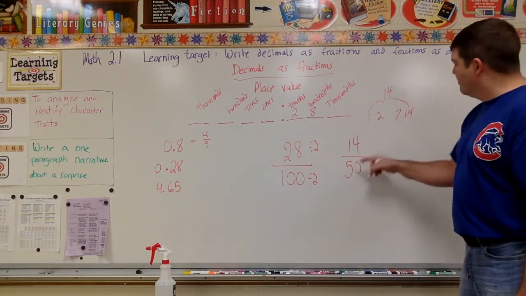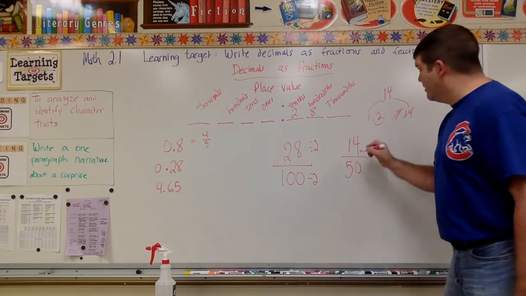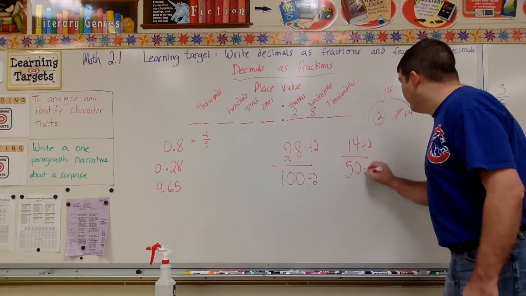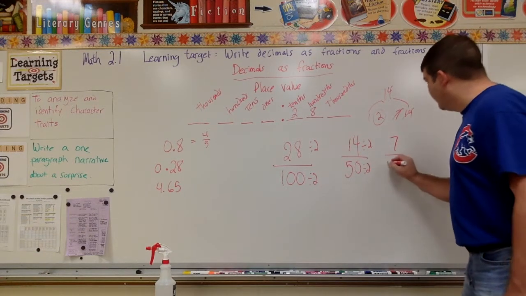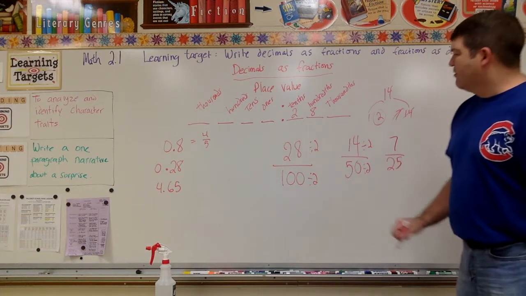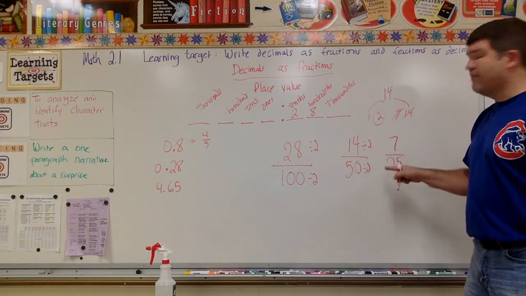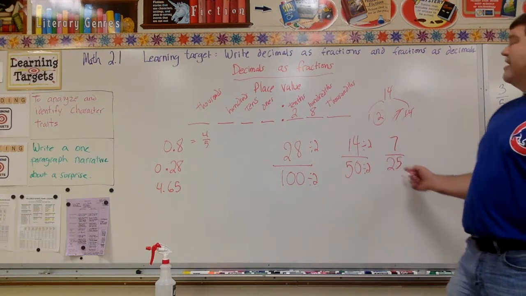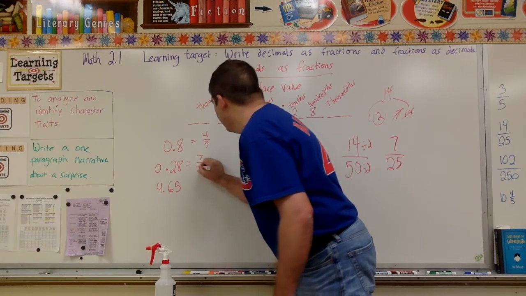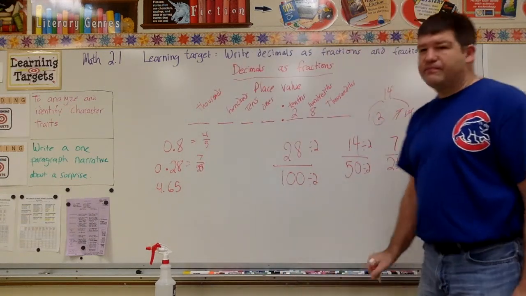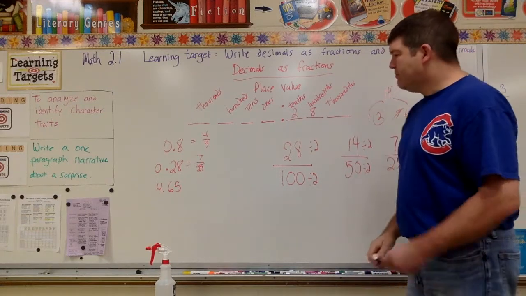So now 14 doesn't go into 50, 7 doesn't go into 50, 2 does. So I can only cut it in half one more time, because this is going to get me 7, and that's a prime number, and this is 25. So 28 hundredths is the same as 14/50, which is the same as 7/25, which is the same as 0.28, or 28 hundredths. Okay?